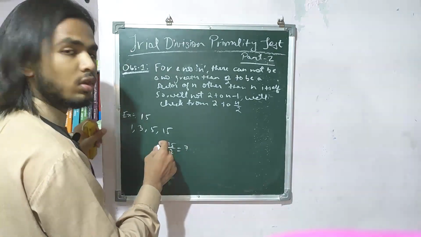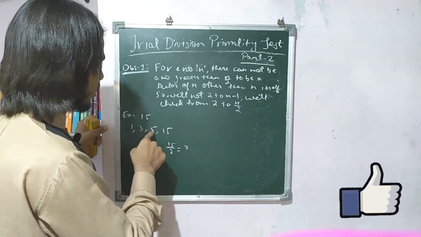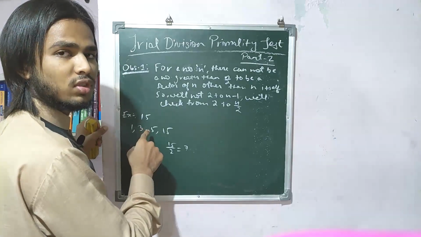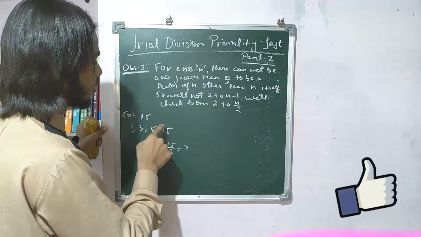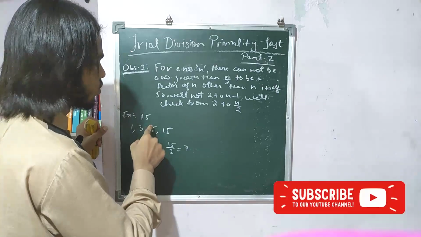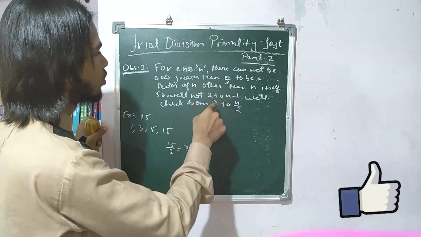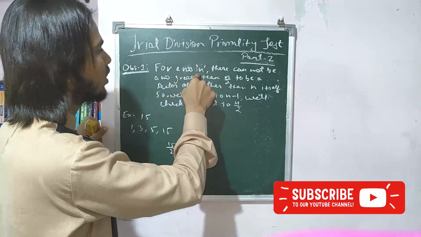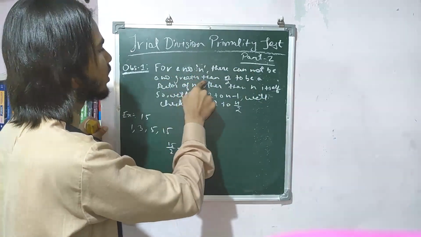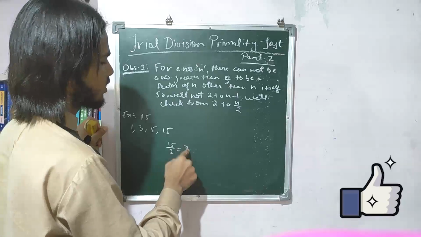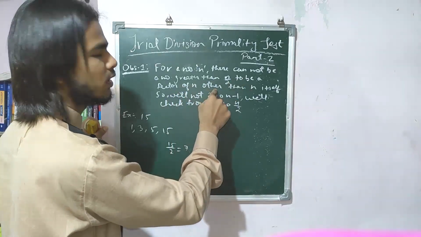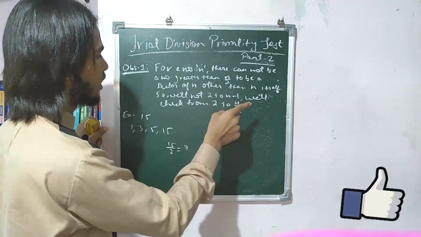The largest factor other than 15 is 5, which is not exceeding 7. So for the number 15, there cannot be a number greater than 15 by 2 that is a factor of 15 other than 15 itself.